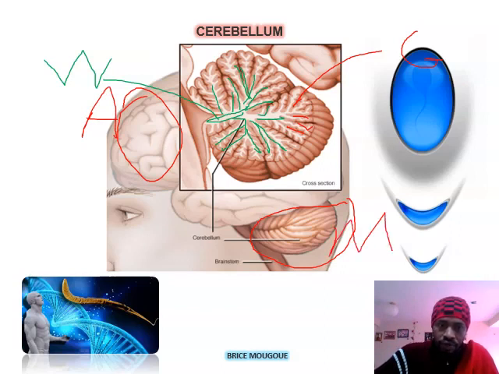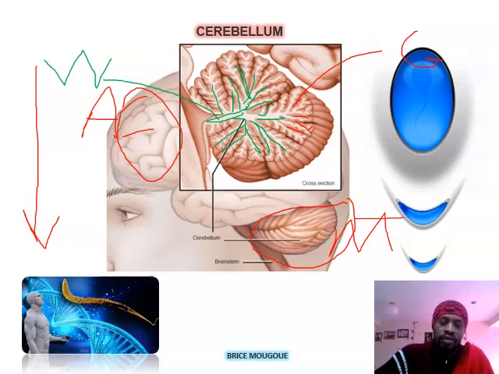If I'm moving from up downwards, because the cerebrum is up and the cerebellum is down, I'm following the normal alphabetical order of letters coming from up to down.